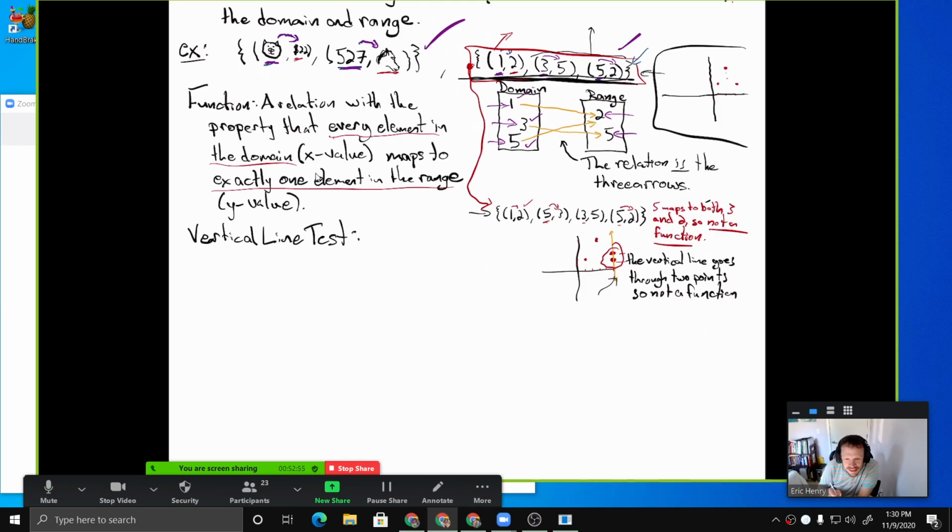Vertical line test says consider all vertical lines. And sometimes this is a lot to consider. Sometimes it's infinitely many vertical lines, drawn at every point in the relation. Or I guess we don't need the word all here.